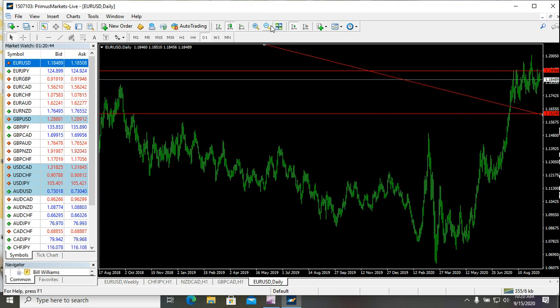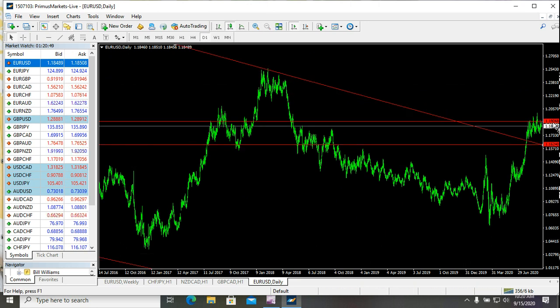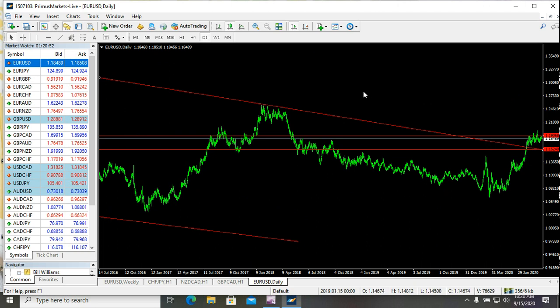This is on the daily time frame. If we go by the very scenario we saw, this is still the bigger picture. If we are going by the previous scenario that yes, this trend line is broken, then we must wait for it to break back in, and once it breaks back into this trend line, then we can sell.